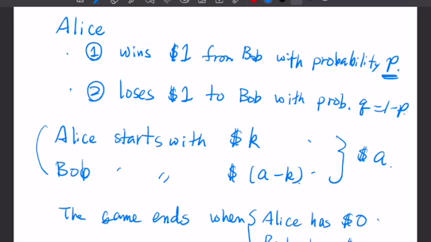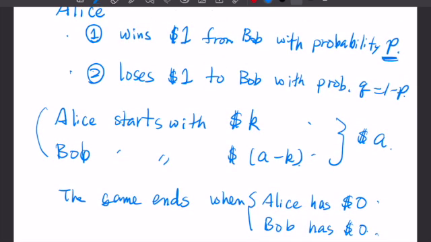So the problem is, what is the probability that the gambler, so Alice, loses all her money or wins all the opponent's money, assuming that we can play an unlimited number of plays.